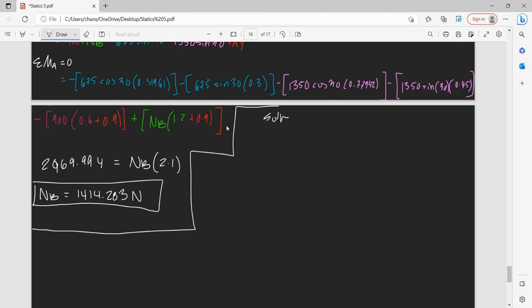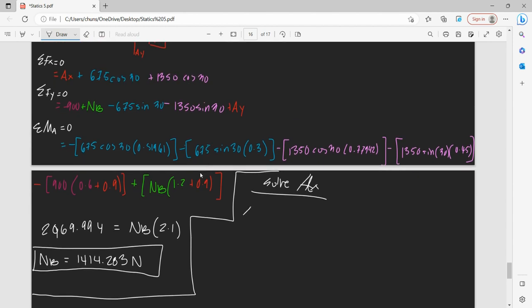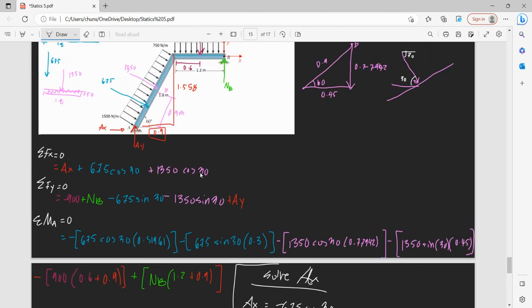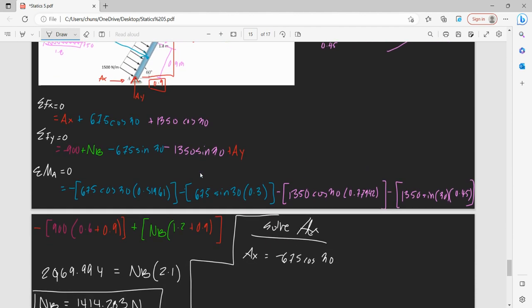Okay, so let's divide the rest of this off. And let's solve for our AX. It's an A, sorry. So AX is equal to negative 675 cos 30. Actually, we don't even need NB to solve AX.